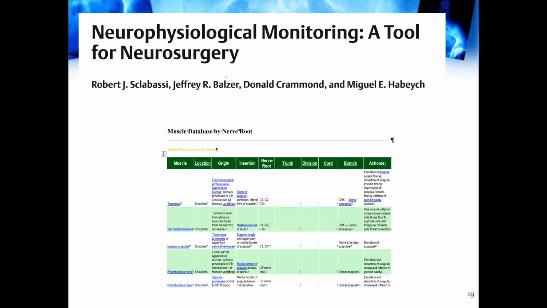And I have never seen that language anywhere else except in this article. So I recommend it highly if you're taking the test. And then I can send you also a muscle database talking about what's the muscle, what's the root innervation, what is the function of that muscle, but very helpful on the test.